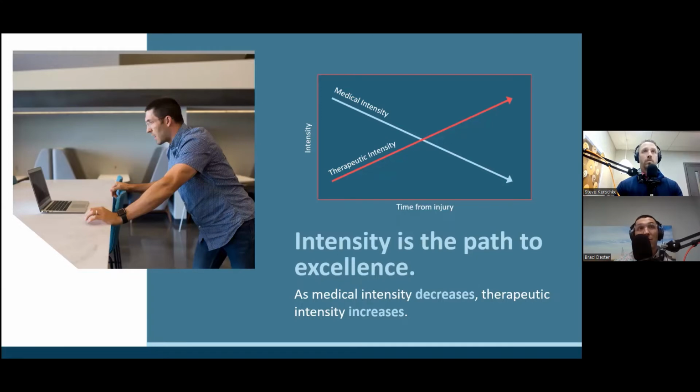But as a person becomes a little bit more aware, as injuries, orthopedic injuries, muscle injuries, heal and become a little bit more stable, well, now we can start to work with them a little bit more. And even between the acute rehab setting and the post-acute rehab setting, there can be a significant increase in the level of intensity, purely because of the amount of time that's gone by and the healing that's allowed to happen.